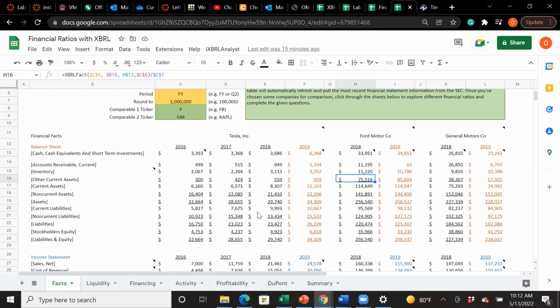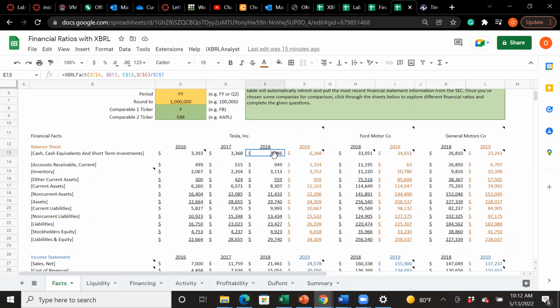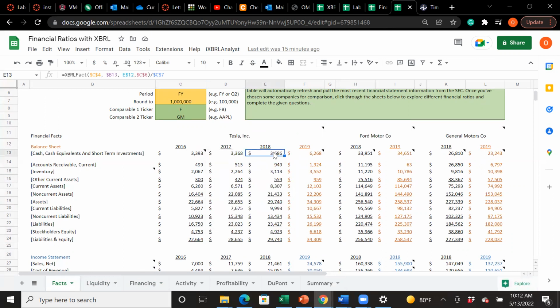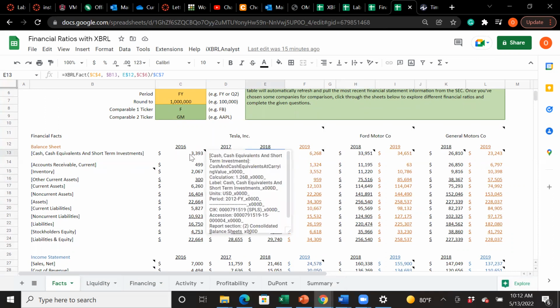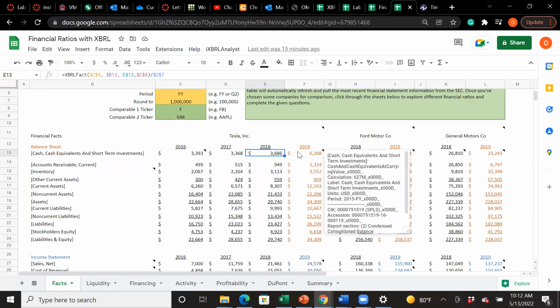Within a span of 4 years, current liabilities almost doubled. From 2016 to 2018, their current assets were basically the same until 2019 when it just blew up and grew their current assets.